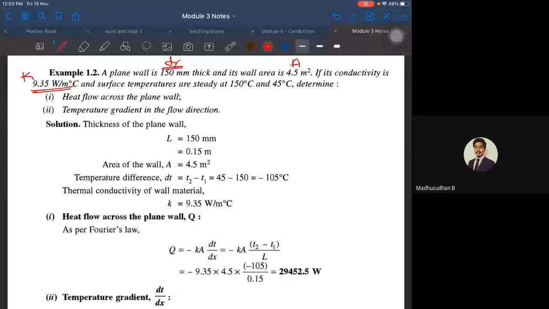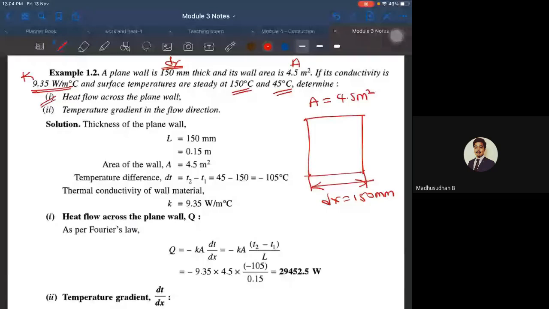Heat flow across the plane wall, same thing you have to find, if there is a plane wall like this, the area of which is 4.5 meters square, and the thickness is 150 mm.